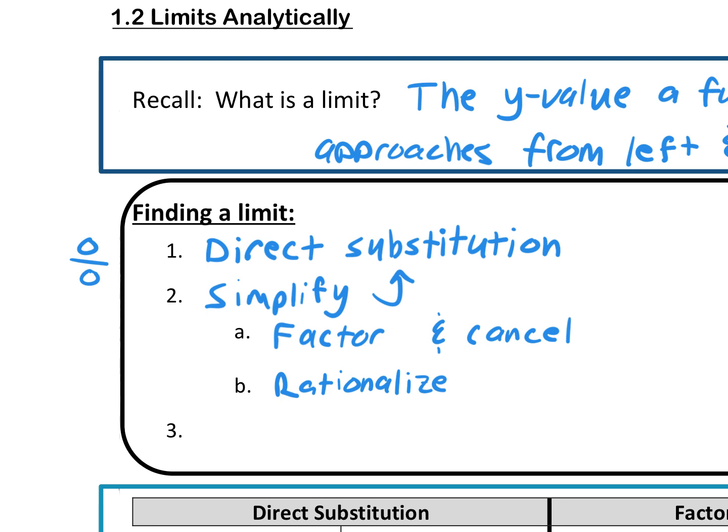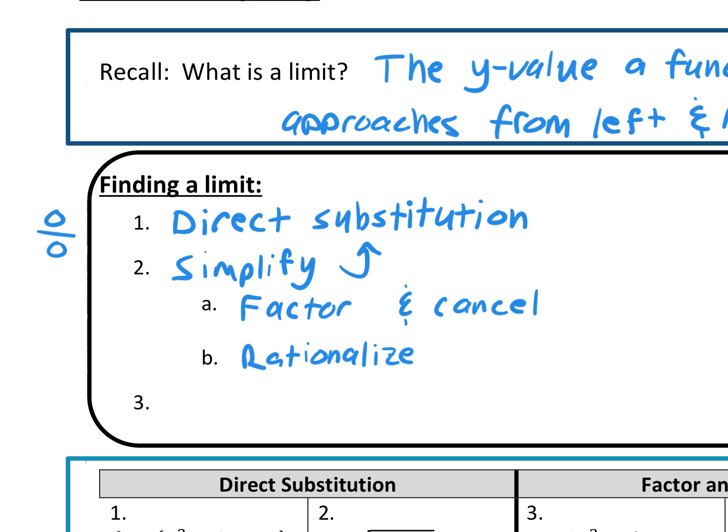The third way, which we're not going to touch for a little bit of time, we might revisit this in a few months after we learn more about derivatives. You don't have to know it right now, but I'll just write it down, is something called L'Hopital's rule.